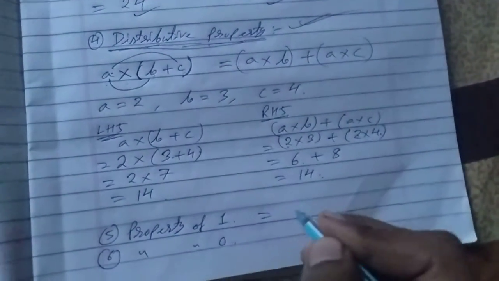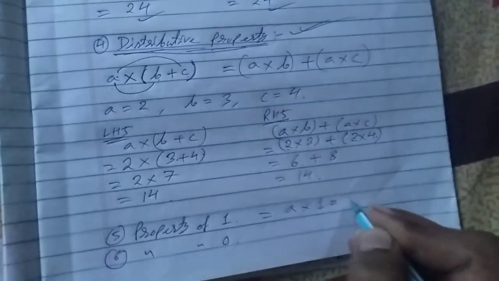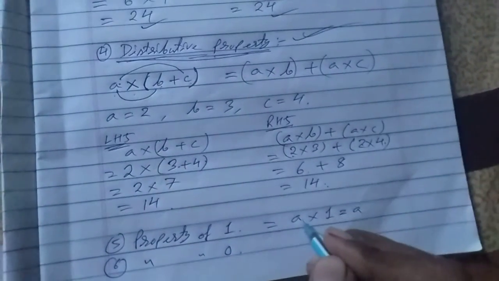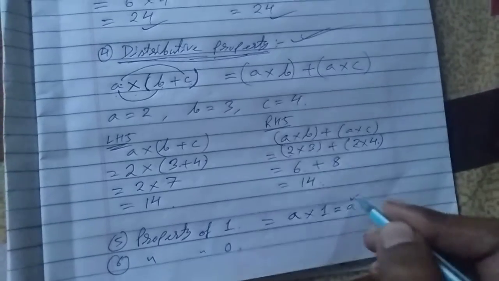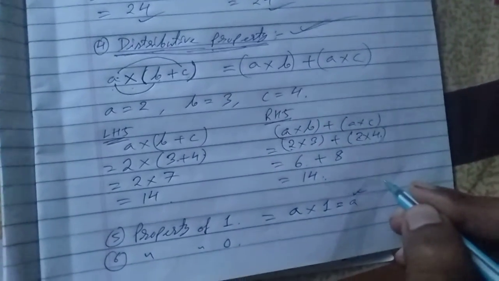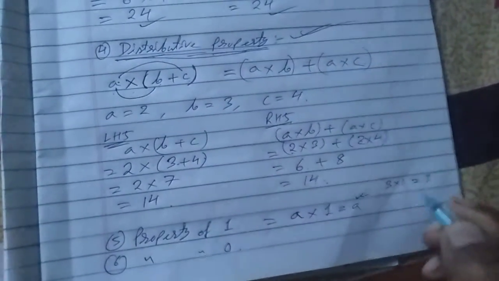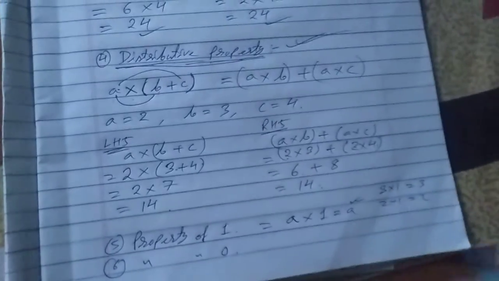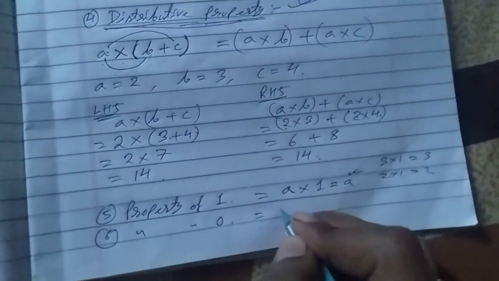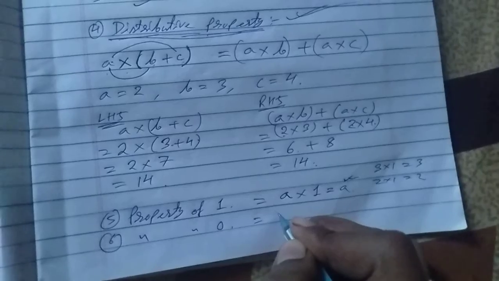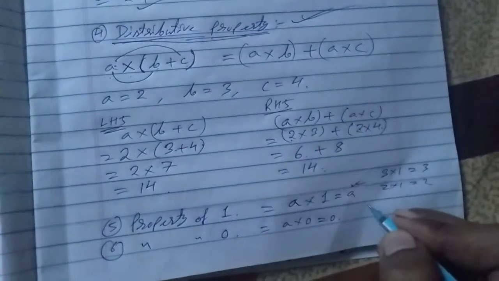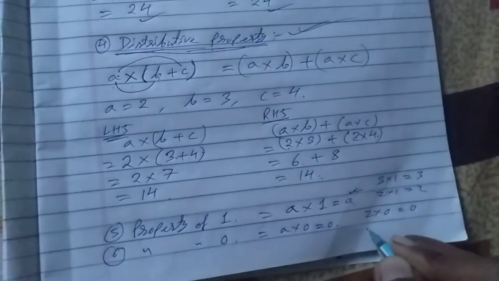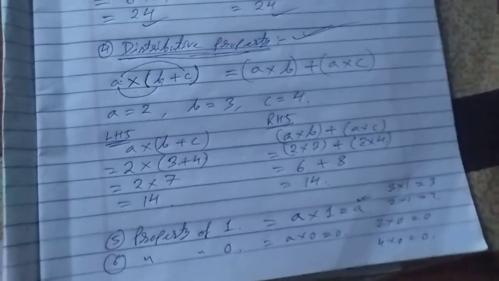You know everything about this property: A into 1 equals A, which means if we multiply any number with 1 we will get the number itself, like 3 into 1 equals 3, 2 into 1 equals 2, etc. And if we multiply any number with 0 we will get the answer as 0, like A into 0 equals 0. Example, 2 into 0 equals 0, 4 into 0 equals 0.